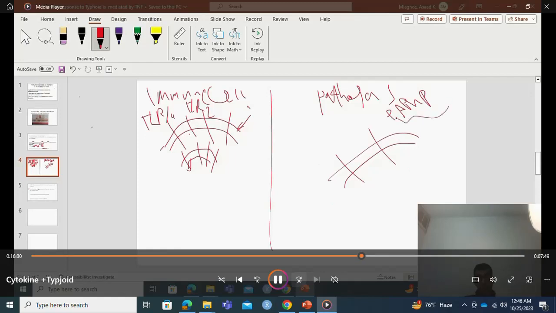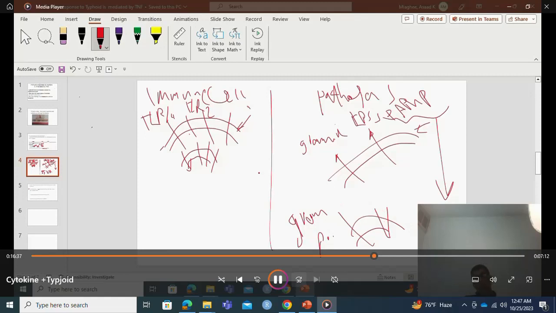For the gram-negative, the receptor is LPS, which stands for lipopolysaccharide. Whereas for the gram-positive, the immune cell recognizes this bacteria by the peptidoglycan.